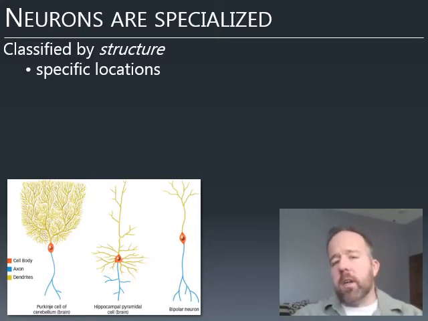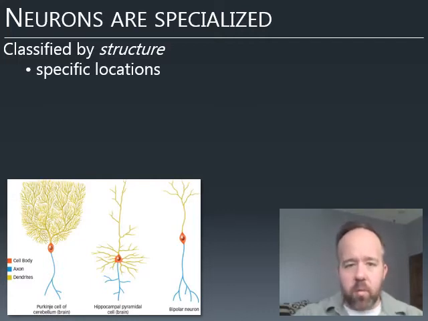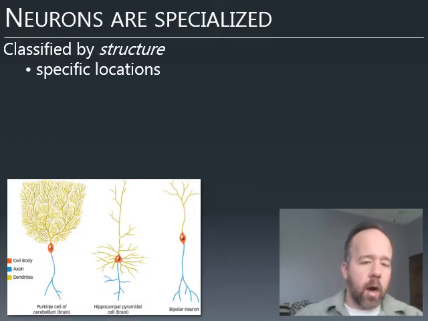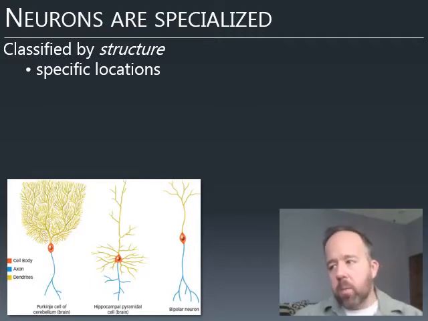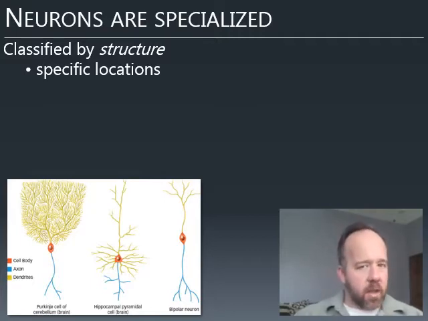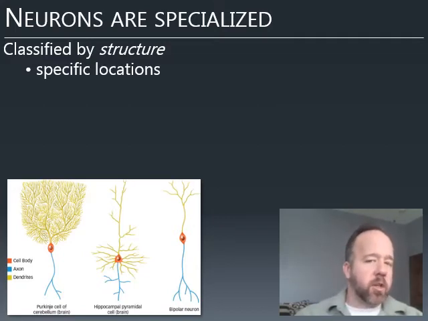And the point here is not to memorize the fine structures of these neurons. We will eventually be touching back to different kinds of neurons. But the idea is that these neurons are found in specific locations. Now, your book makes it sound, I think, like there's a one-to-one mapping between a specialized neuron and a location, as though you'd only find a particular kind of neuron in one particular part of the brain.